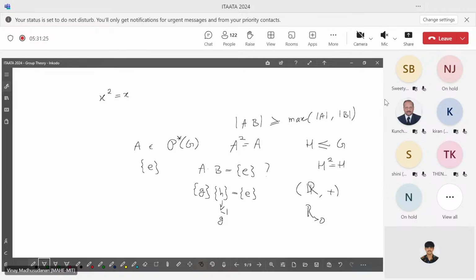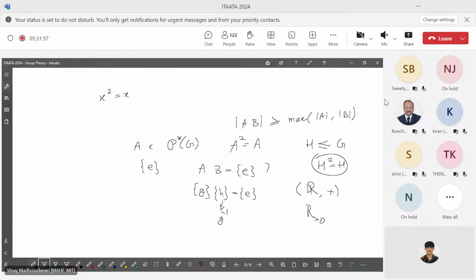So this is also an example. I already mentioned a theorem, which we prove now: if H is finite, then this also implies that H is a group. Here this is not implying that H is a subgroup; at most it implies that it's a semigroup.